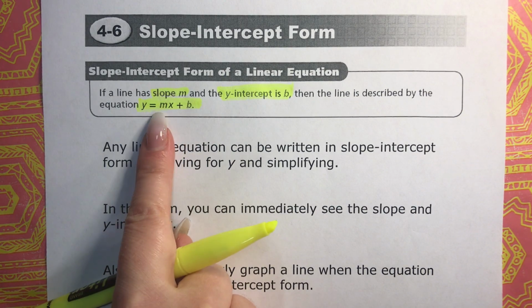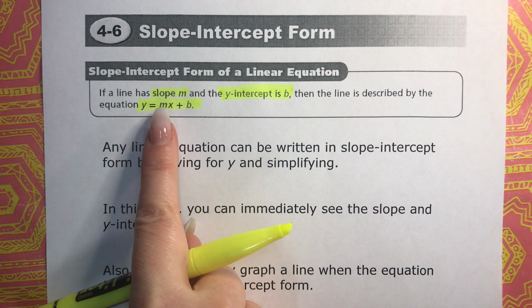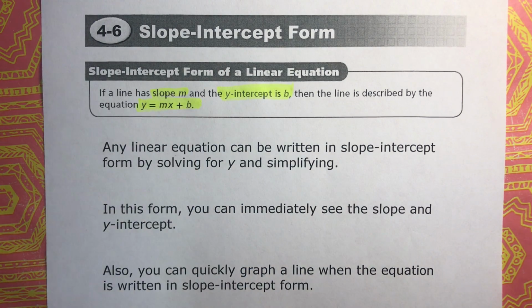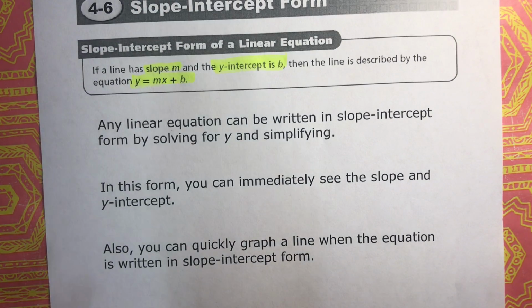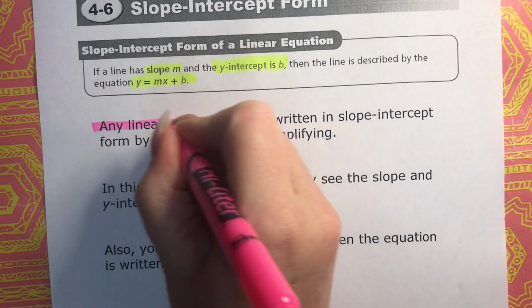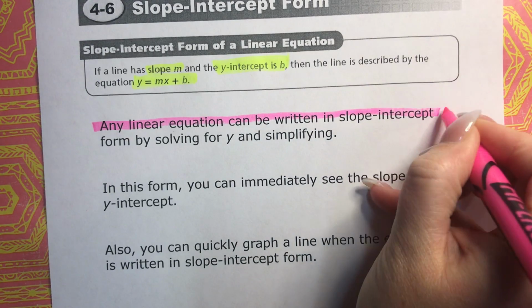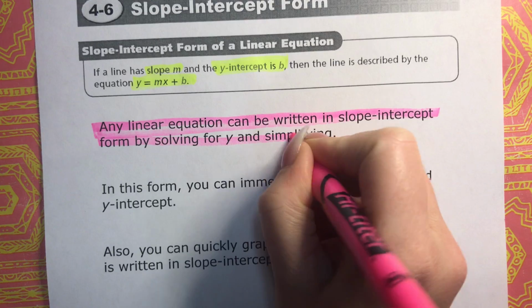So this is slope-intercept form, because when it's solved for y, it directly tells you what the slope and the y-intercept is. So any linear equation can be written in slope-intercept form by solving for y and simplifying.